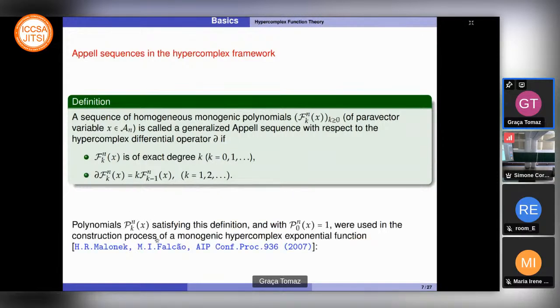The polynomials P_k referred to in the introduction belong to the generalized Appell class that satisfies this definition.